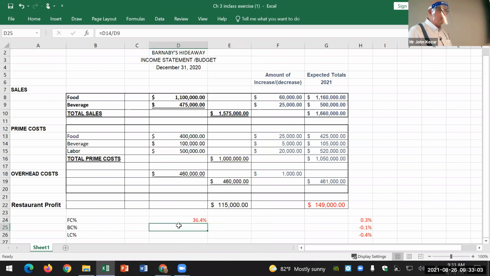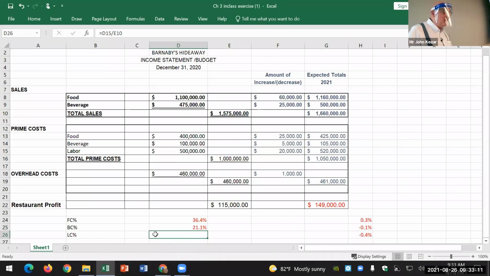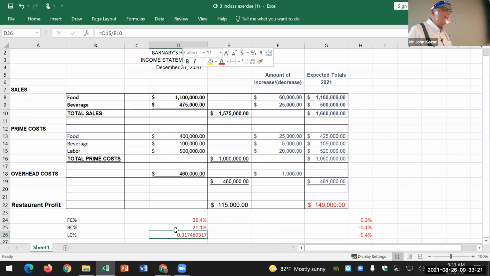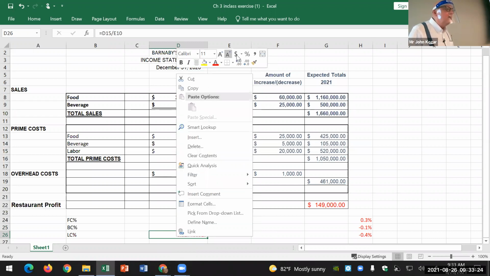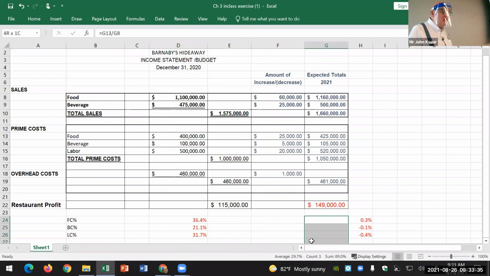Okay, beverage cost percent. Something 0.1? 21.1, okay. And labor cost? 31.7. Okay. And then, let's see, I think I have more for 2021.